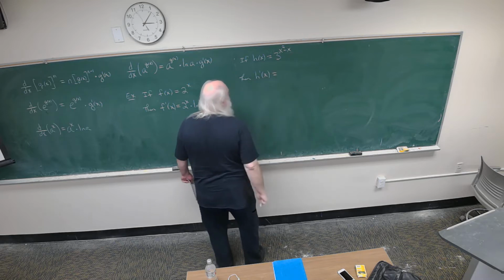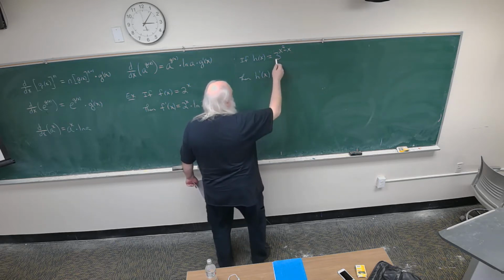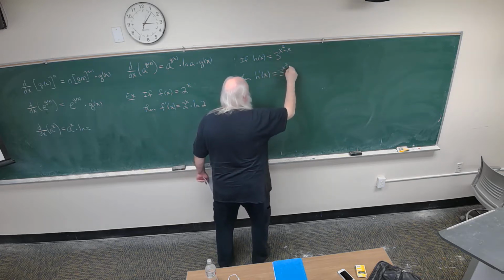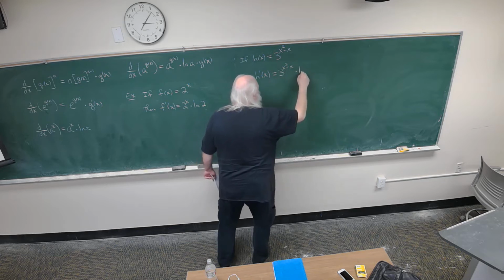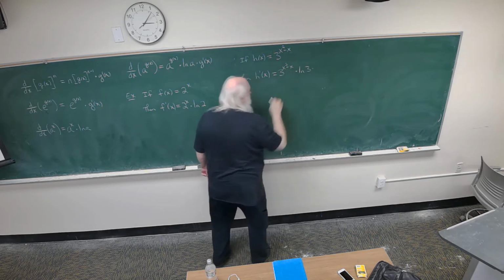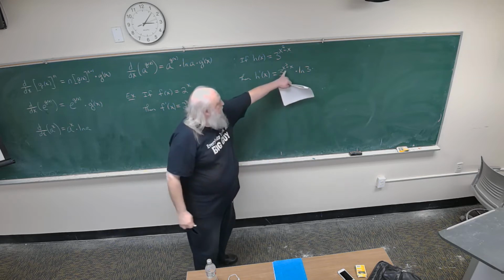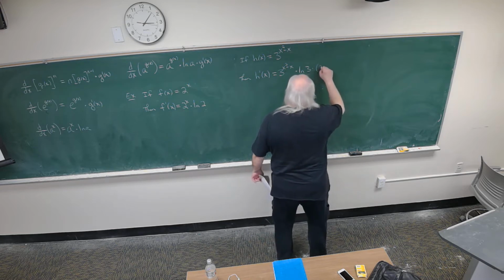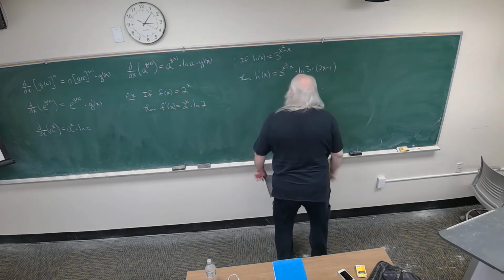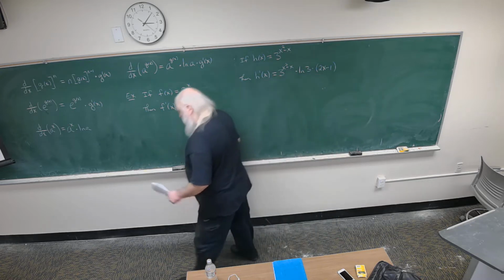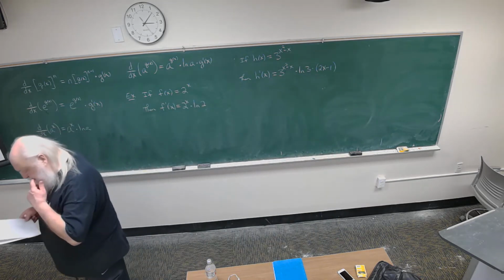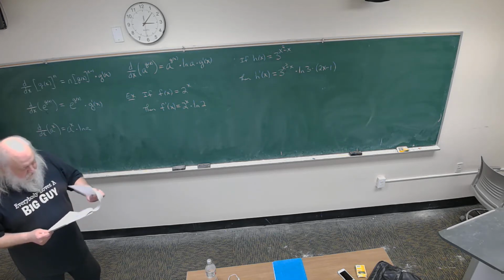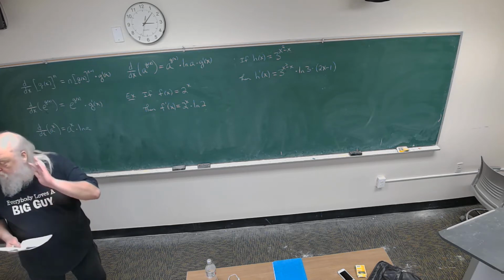H prime of x: the derivative of this exponential function is itself times the natural log of the base, which is 3, and then times the derivative of the exponent. And the derivative of x squared minus x is 2x minus 1. Any questions on that?